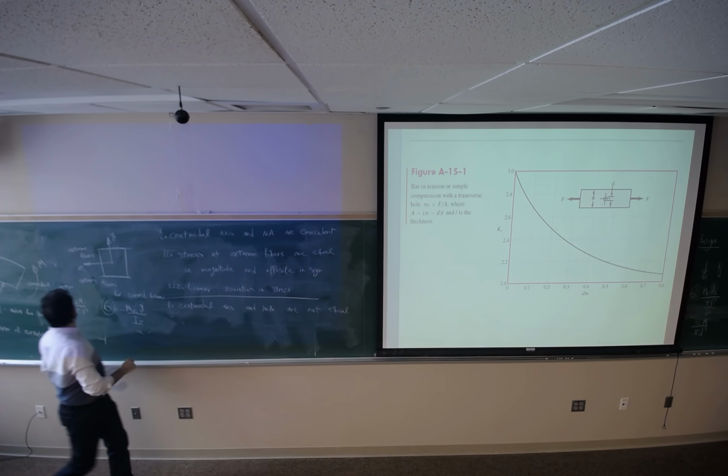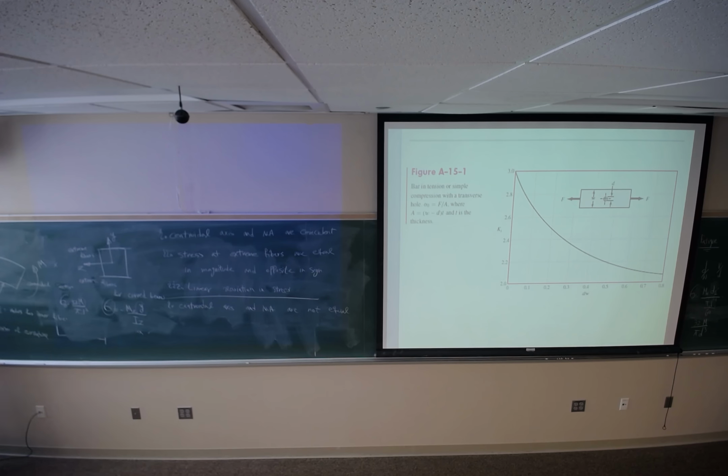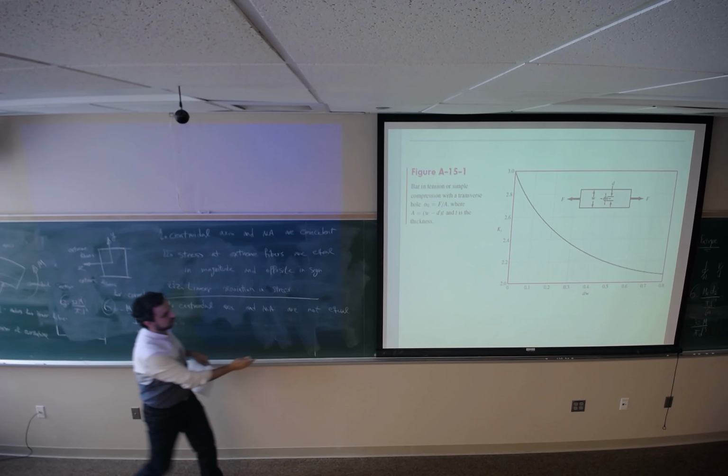So the neutral axis is going to be somewhere different. Suppose this is the location of the neutral axis. I label it with Rn, the radius of the neutral axis. So this Rn is different than Rc. They are not equal.